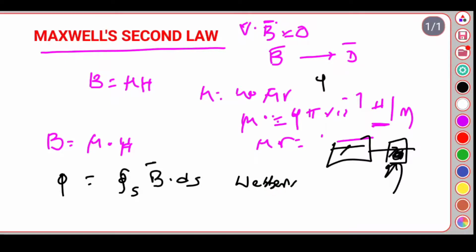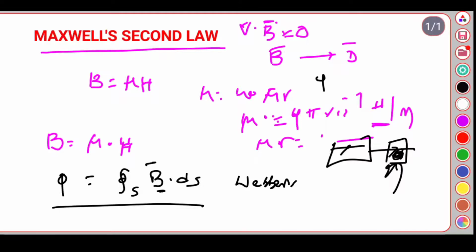Already we know this equation, where phi is the magnetic flux in Webers, B is the magnetic flux density in Weber per meter square or Tesla, and ds is the open surface through which flux is passing.